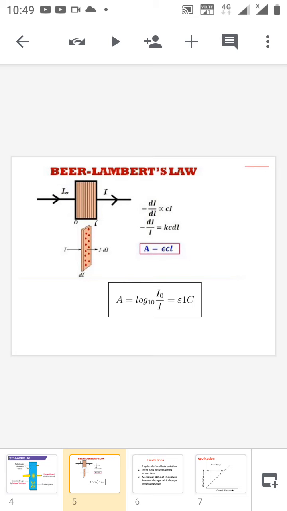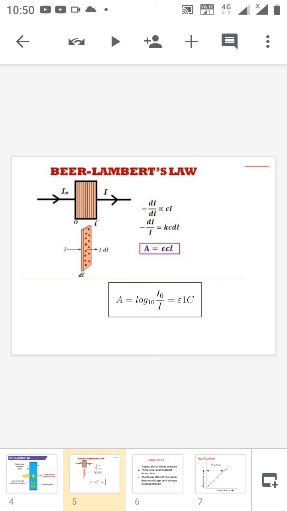When we integrate this equation, we get ln(Ix/I0) = -k C x. When we convert this into logarithm, we get log(Ix/I0) = -(k/2.303) C x. We know that k is a constant and 2.303 is a constant, so instead of that term we can write epsilon.